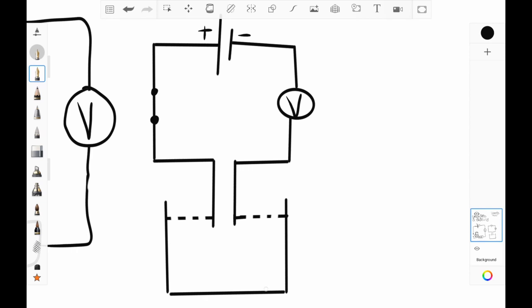When the switch is closed, if the liquid conducts electricity, the voltmeter will deflect. And if it doesn't conduct electricity, then the voltmeter won't deflect. Alternatively, as I explained before, you can also use a bulb for similar results.